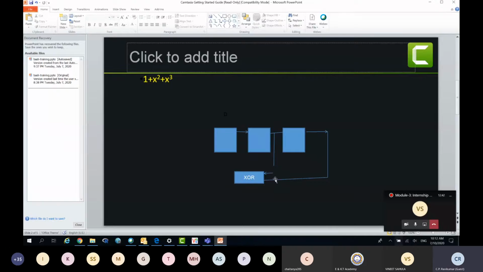I'm sorry the drawing is not that great, but you understand what is going on. And then this input is being fed back. This output of the XOR gate is being fed back.